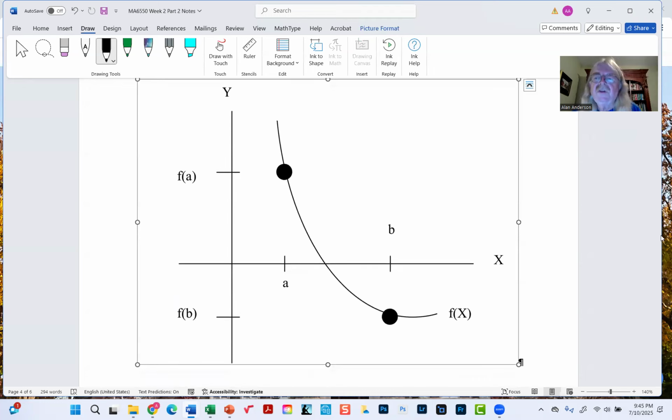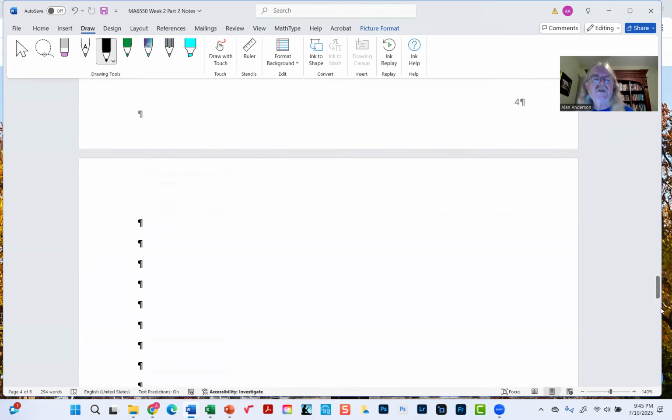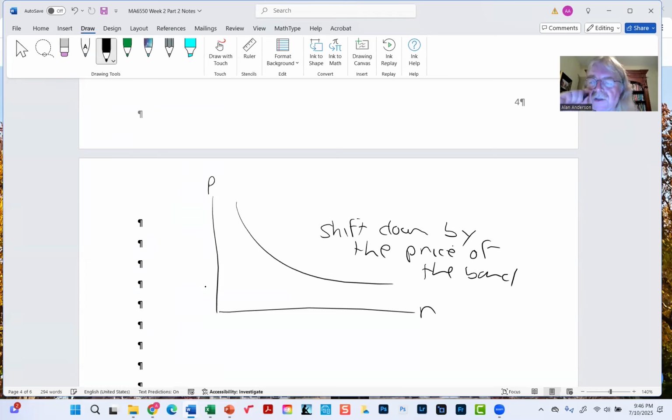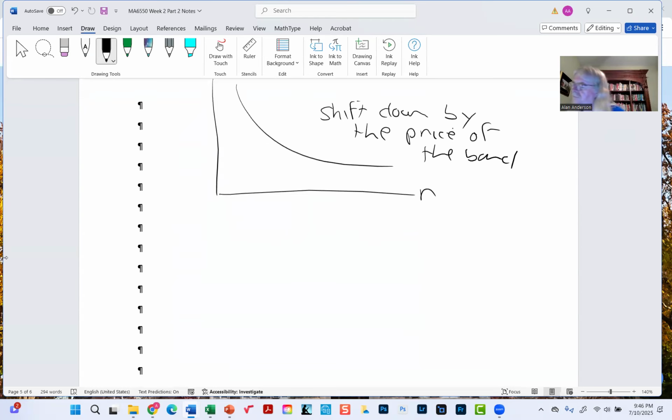Okay. So in other words, if you notice, what you've effectively done is taken the actual price yield curve and shifted it down by the price of the bond. Or in other words, think of it as subtracting that constant from every point along this curve so that you end up with this.